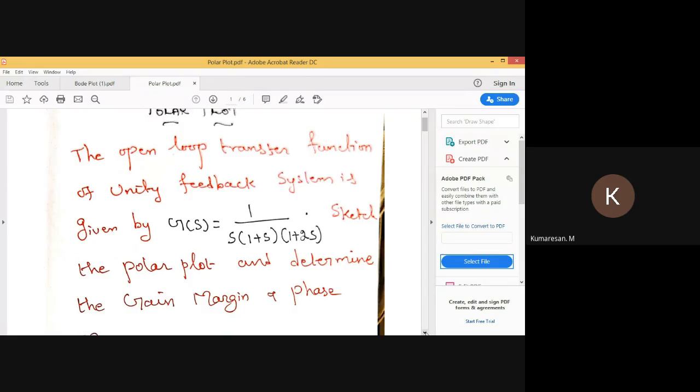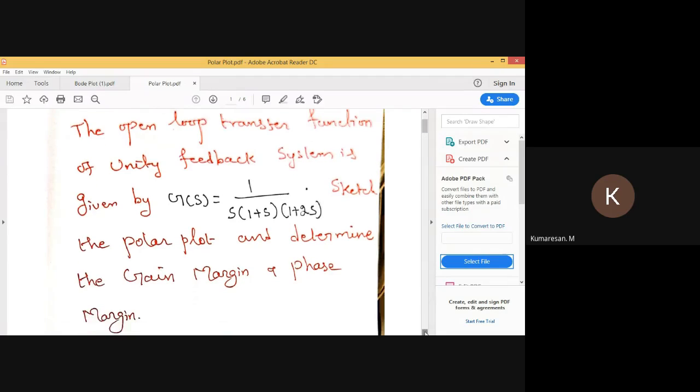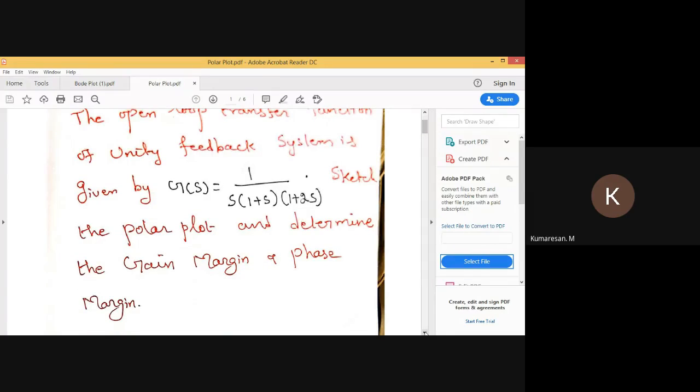This is the given open loop transfer function. Now sketch the polar plot and determine the gain margin and phase margin. After we sketch the polar plot, then we can determine the gain margin and phase margin.